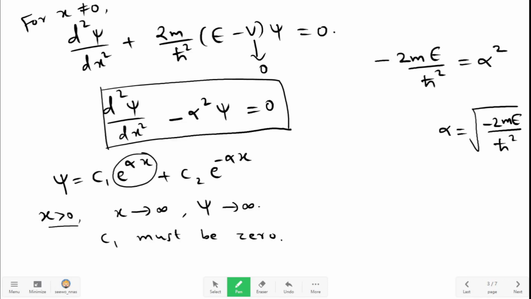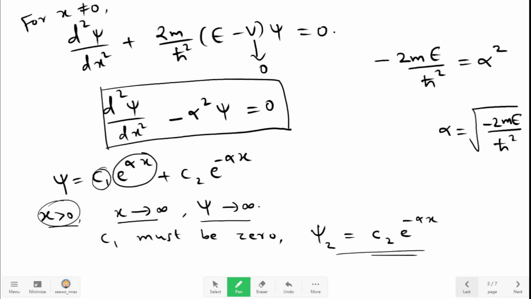So if we write the wave function for the x greater than 0 region, let us name it psi2, then psi2 will be equal to C2 e raised to minus alpha x. Because we cannot have psi tending to infinity when x tends to infinity, we make C1 equal to 0 in the x greater than 0 region, and therefore the wave function in that region is C2 e raised to minus alpha x.